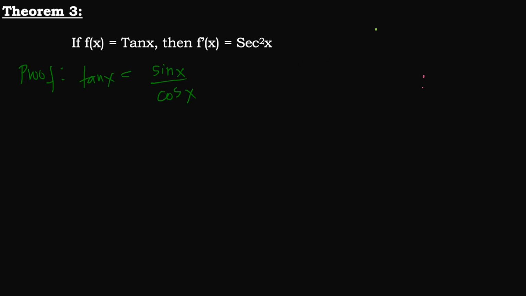In trigonometry, as you could recall, tangent of an angle is equal to the sine of the angle over the cosine of the angle. In our case, the given function is tangent x and our angle is x, so I am permitted to rewrite tangent x as sine x over cosine x, and then the derivative of that would be equal to the quotient rule.